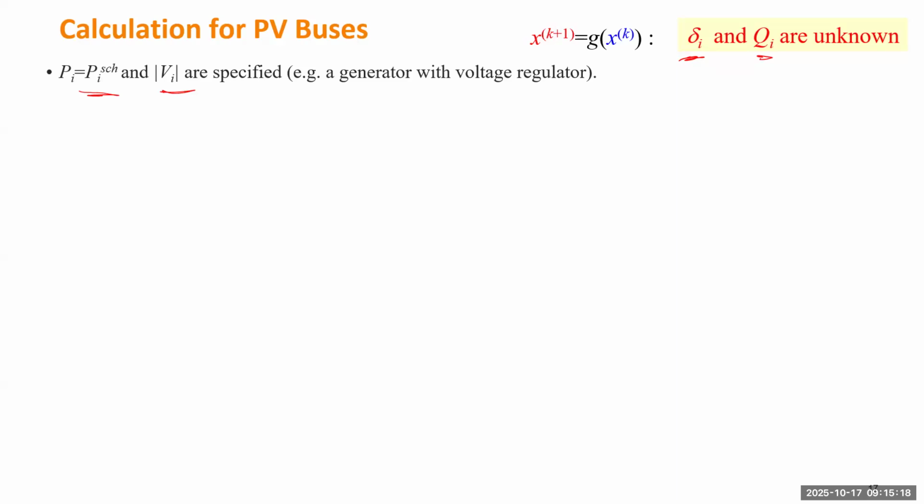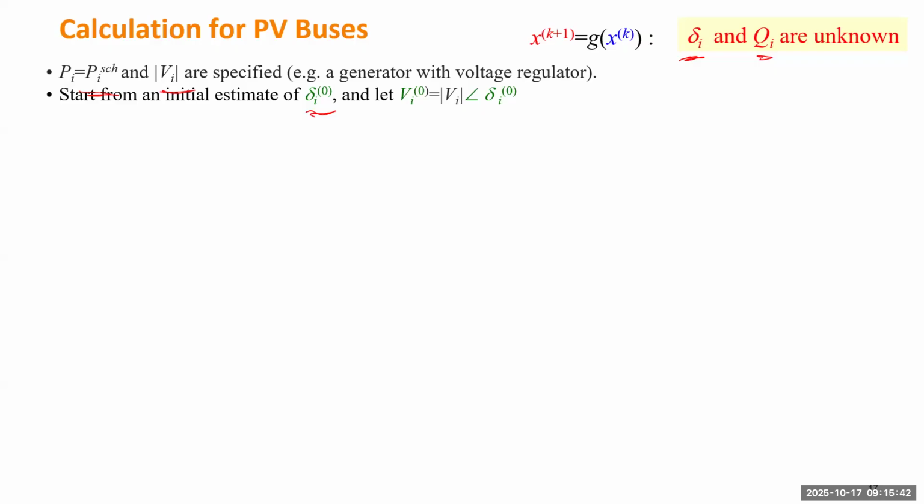So we need to keep P and the absolute value of V constant during the entire iteration process. For the initial estimate, we only need to assume an initial angle. If you don't have better knowledge about this angle, you can simply take 0.